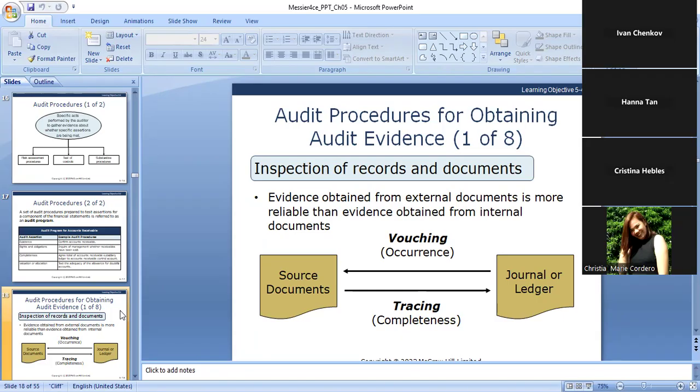Occurrence. The assertion of occurrence, we're testing it by doing vouching. What does vouching mean? Vouching means we're checking the journal ledger account and then we're asking, show me the source document.